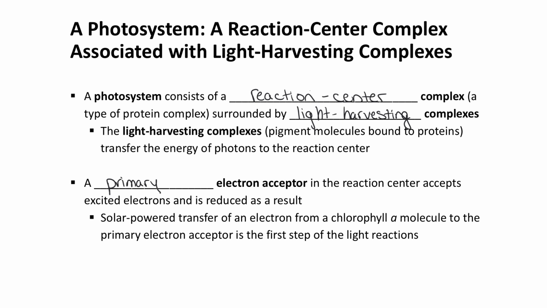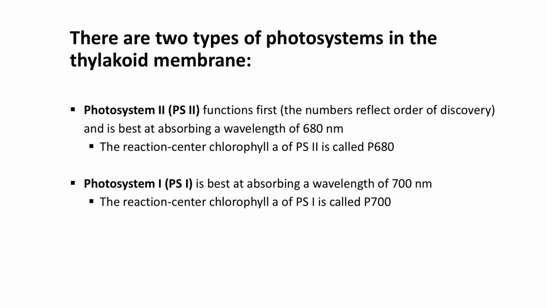Solar power transfer of an electron from a chlorophyll A molecule to the primary electron acceptor is the first step of the light reactions. There are two types of photosystems in the thylakoid membrane that function in the light-dependent reactions. They are photosystem 2 and photosystem 1. Now, they are named in the order of which they were discovered. So photosystem 2, abbreviated PS2, actually functions first.